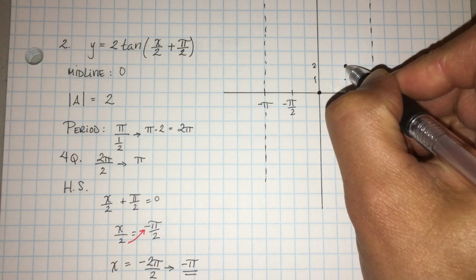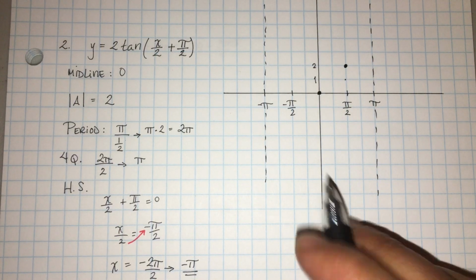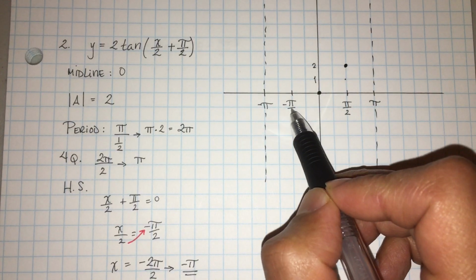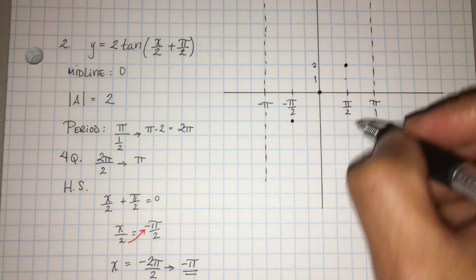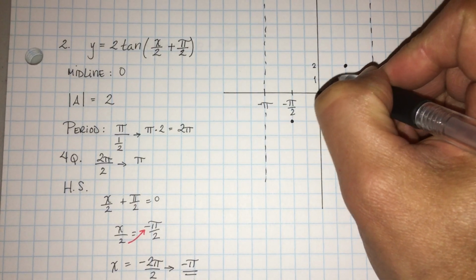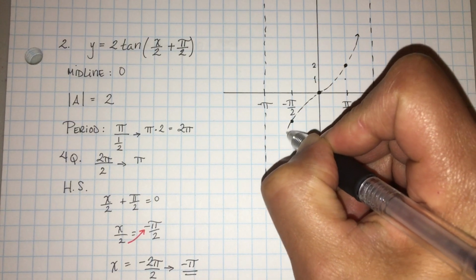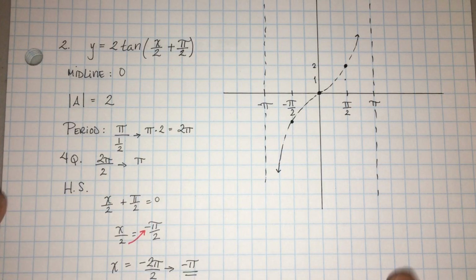Just keep it nice and simple. And then over here, right from the middle, we're going to count down 1, 2. All right, here we go. There it is. And then just go ahead and graph it here. Nice little curve. All right, and it approaches these asymptotes.